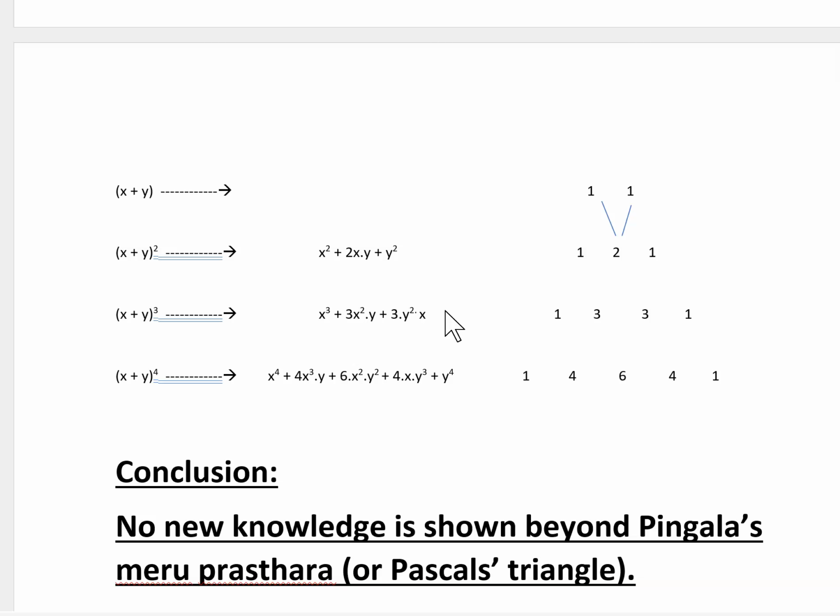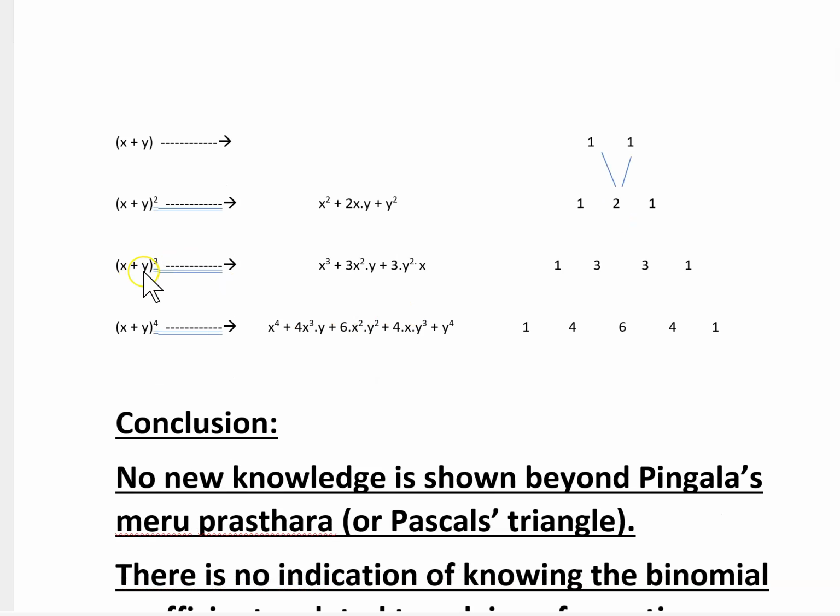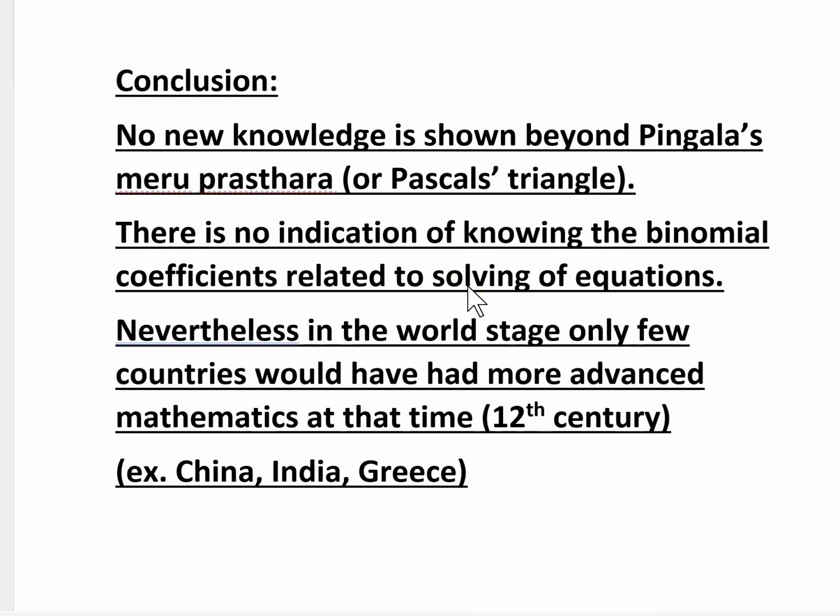But there is no such thing as solving equations here. So the term binomial coefficients is not correct, and we should not be using it. Probably Pascal's triangle or Meru Prastara would be better, because there are no equations to solve, and they didn't solve any equations. So that is a misnomer in this paper.